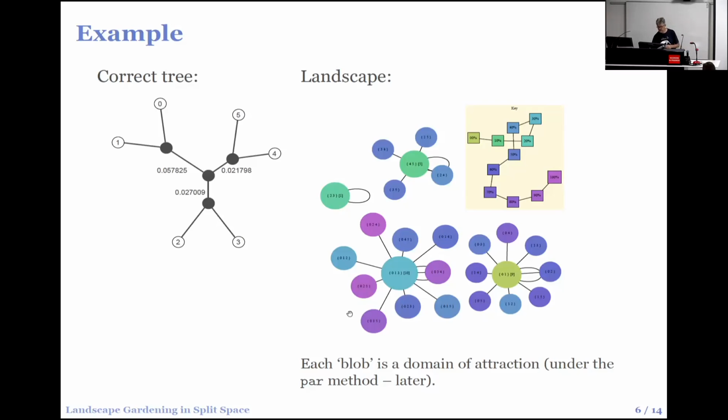Well, it's not the whole landscape, it's just the climbs. If I were to show all of the edges between all of the possible splits, it gets too dense and it's really hard to see what's going on. So here, an edge exists if a steepest descent goes from one vertex to the other end of the edge. So this is only the climbs.